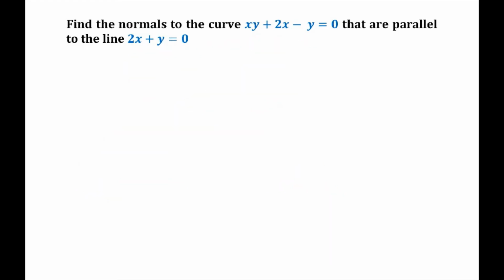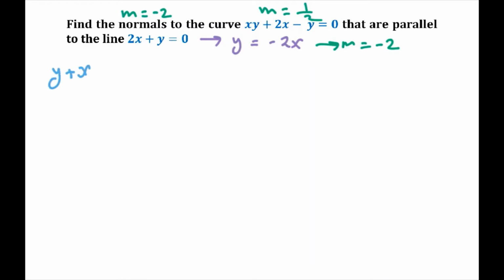So again here y equal negative 2x and the slope equal negative 2. That's going to be the same slope of the normal, and the slope of the tangent line here will be negative reciprocal. Now we need to find the derivative of the function implicitly. So that's going to be the derivative of x is 1, y plus xy prime plus 2 minus y prime equal to 0.